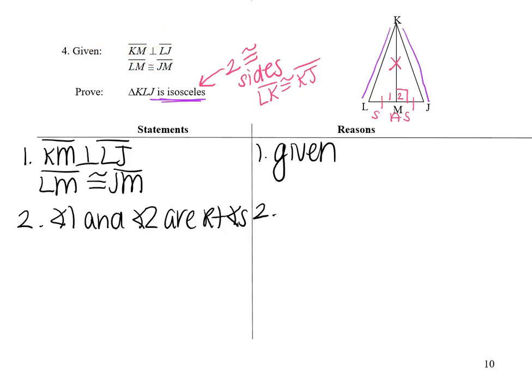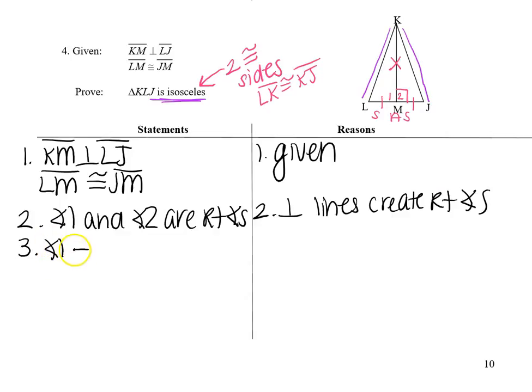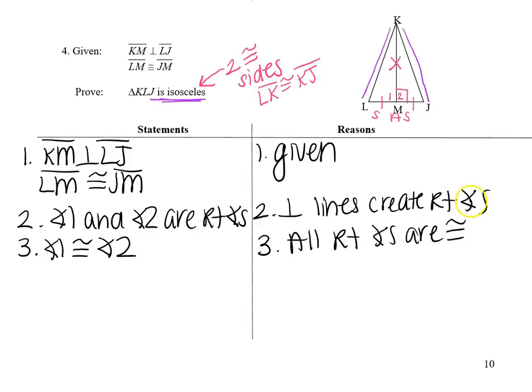Okay, so we're going to say perpendicular lines create right angles. And then they must be congruent. So angle 1 is congruent to angle 2 because, well, all right angles are congruent. Okay, so again, this is a two-stepper.